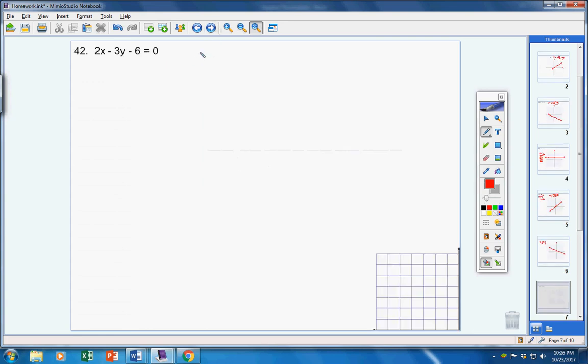Okay, number 42. Alright, let's get y all by itself here. So, let's bring 2x over, make it a negative 2x. Bring the 6 over, make it a positive 6. And we really don't need that 0. Okay, that's nothing. Now, let's divide everything by negative 3.